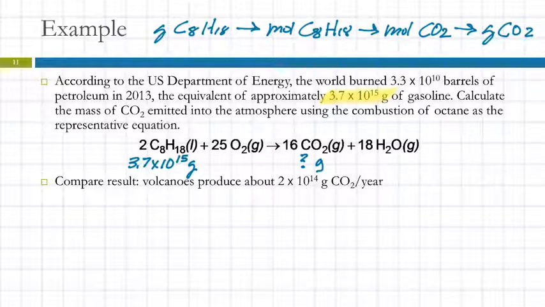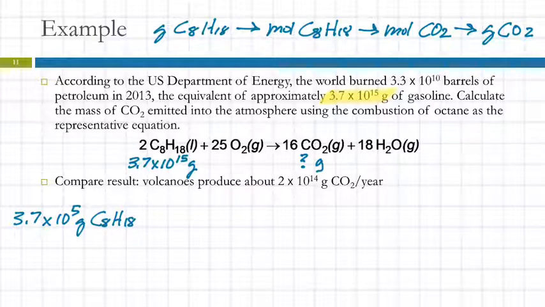We only have to involve the compound that we're given information about and the compound that we're trying to find information about. We don't have to do anything with the oxygen or the water. They're just sitting there. So that's my path. That's my blueprint for this whole calculation. So 3.7 times 10 to the 15 grams of C8H18. This is dimensional analysis.